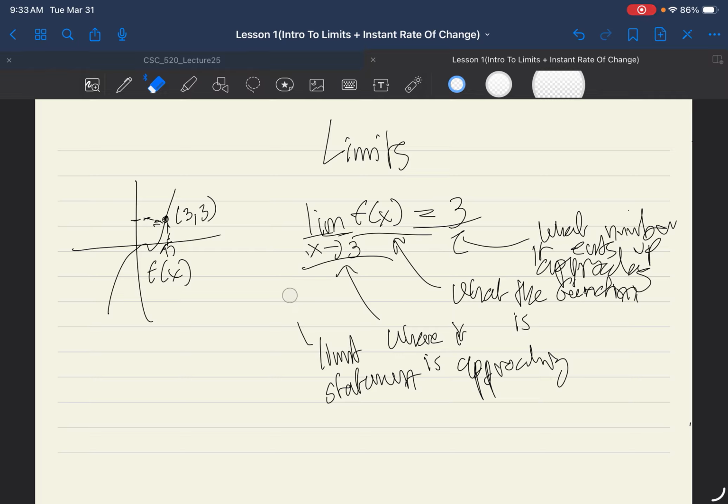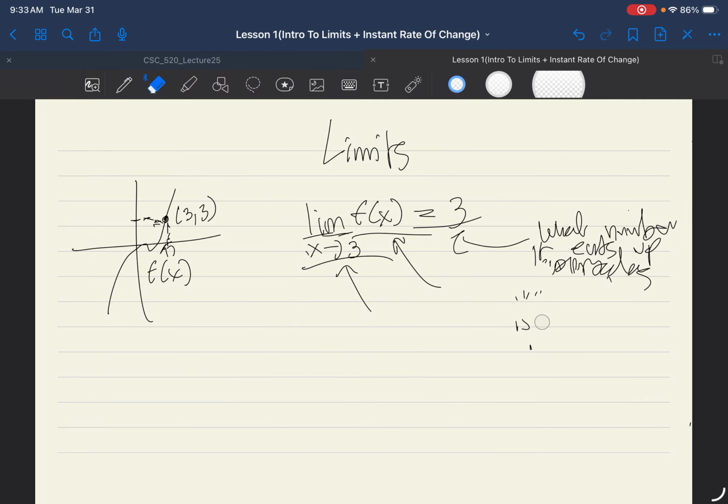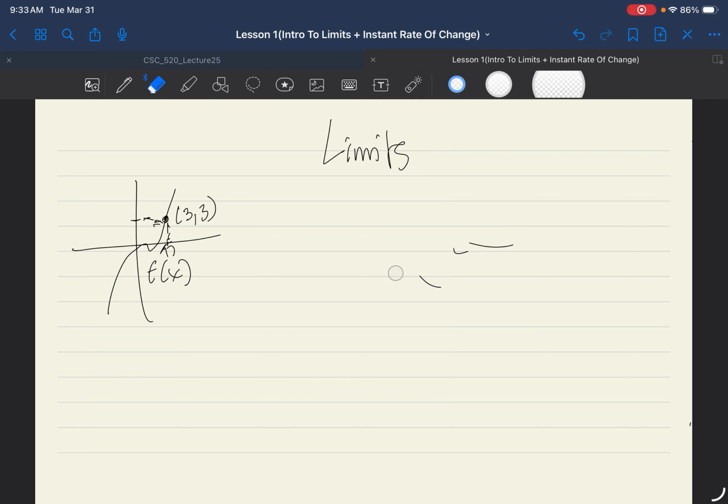Right? So what we're going to do is look at it a different way. We're going to look at it phonetically. We're going to say it out, and then I'm going to write it down.